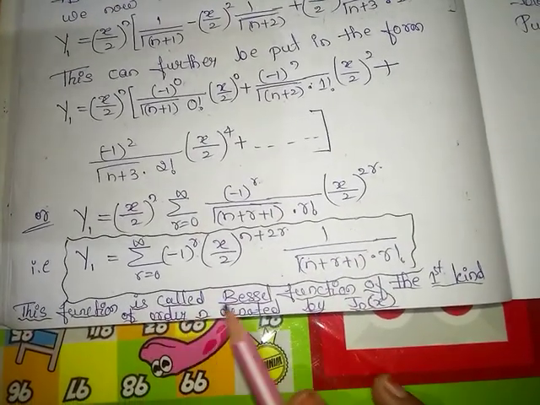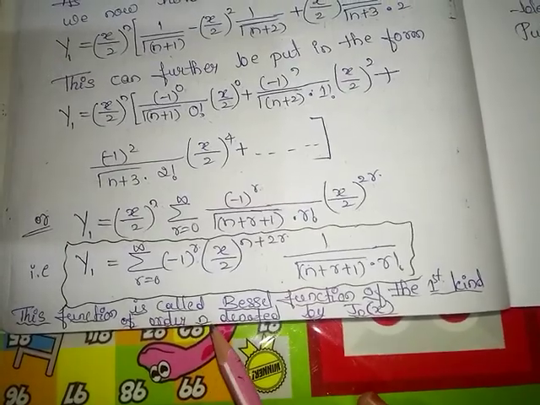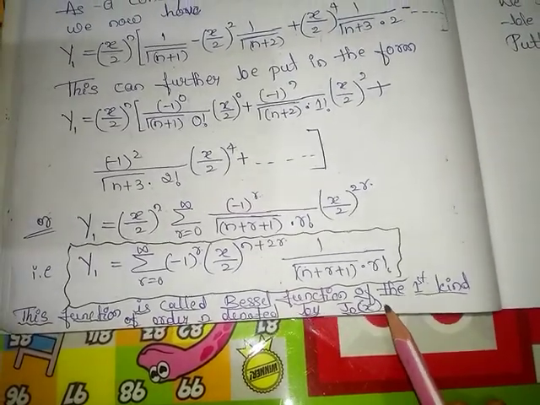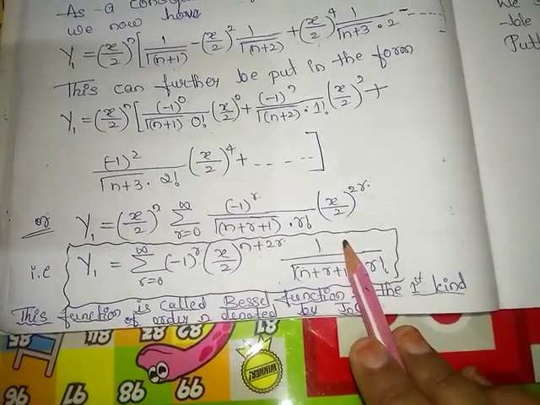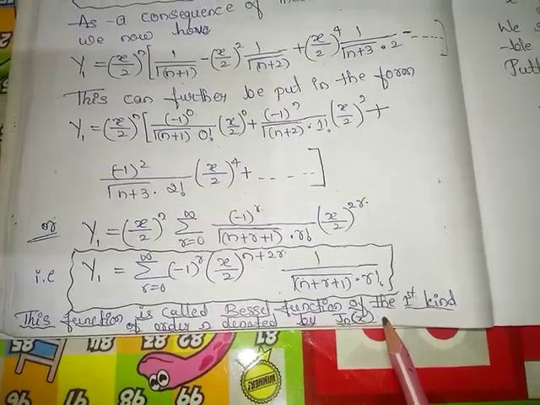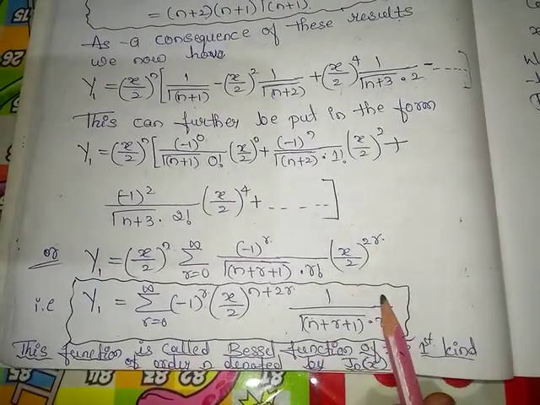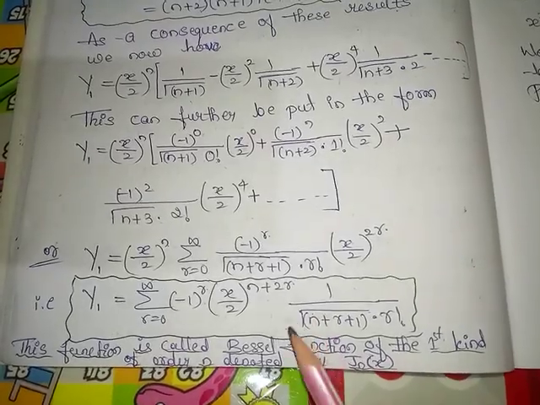This function is called Bessel function of the first kind of order n, denoted by Jn of x. We write this function in the form of Jn of x is equal to this.